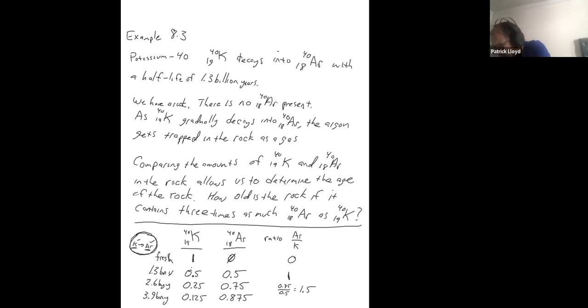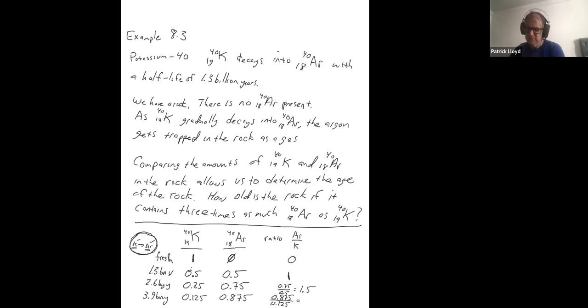Now let's do this. This would be 0.875. Okay. And this one would be 0.125. Okay. We now have a ratio, what is that? 2, 4. Actually, I have to do that in my calculator.